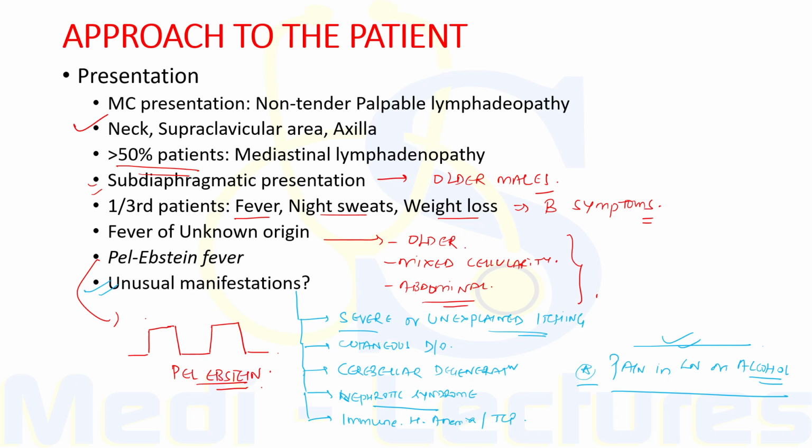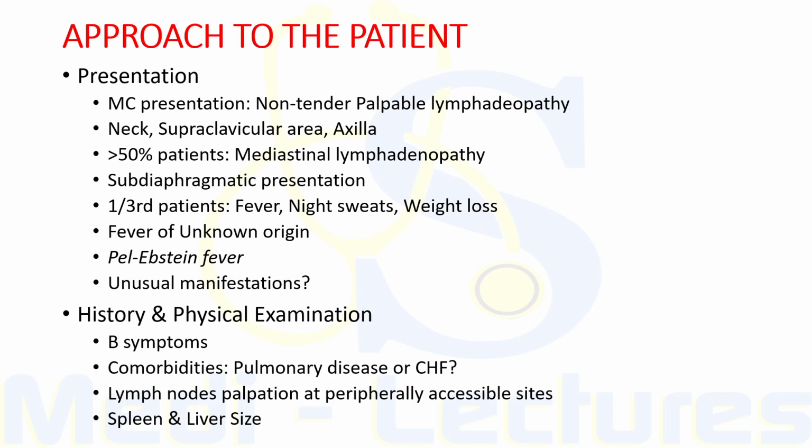Now, after we have seen the presentation of this disease, the evaluation of patients with Hodgkin lymphoma will typically begin with a careful history and physical examination. The patients should be asked about the presence or absence of B symptoms.